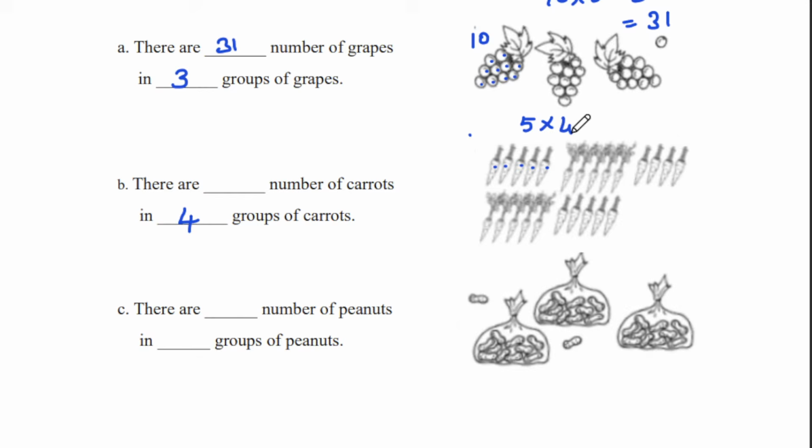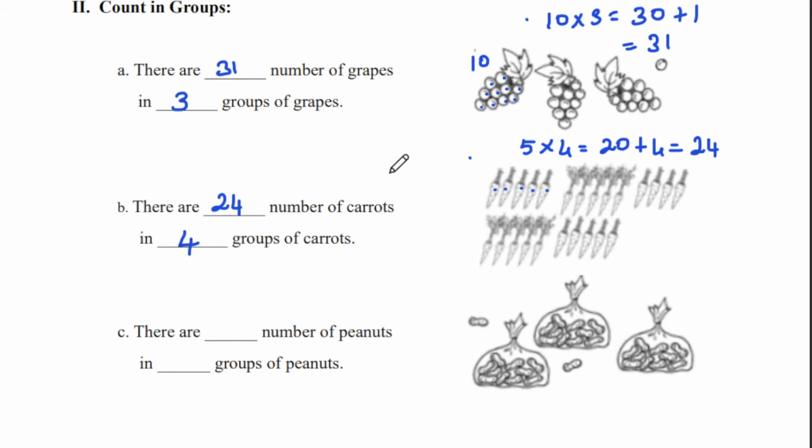So 5 fours are 20. And we have 4 separate carrots. So 20 plus 4 is 24. So you have to write 24. So there are 24 carrots in 4 groups of carrots. Okay, very easy.